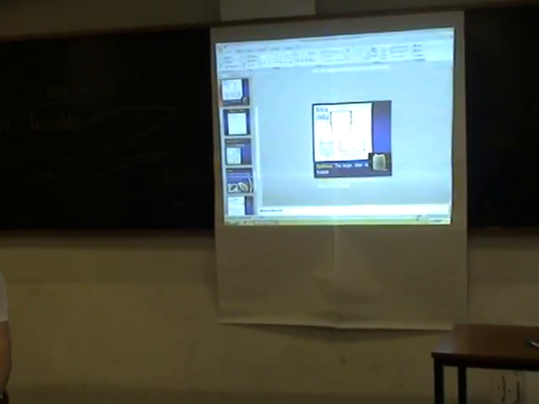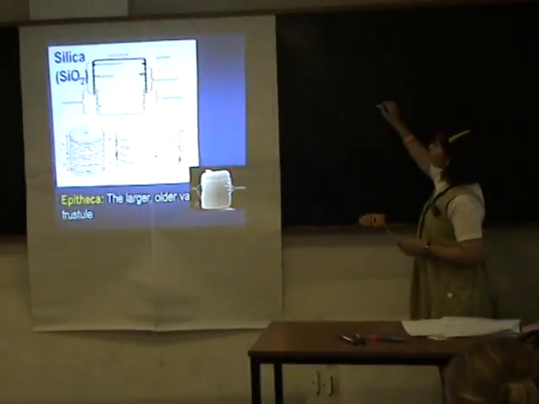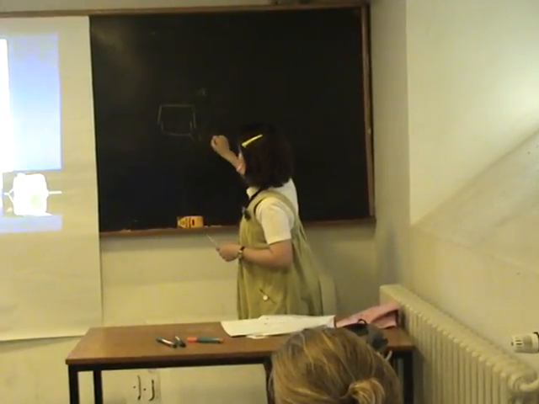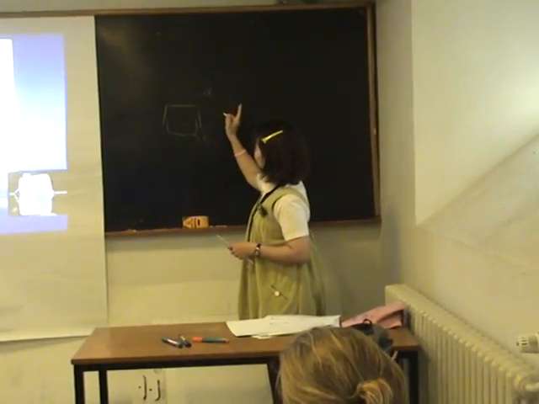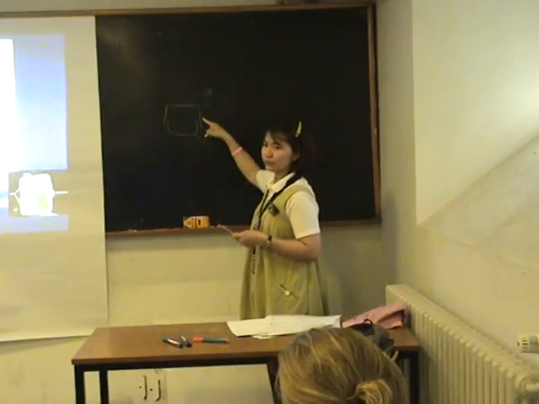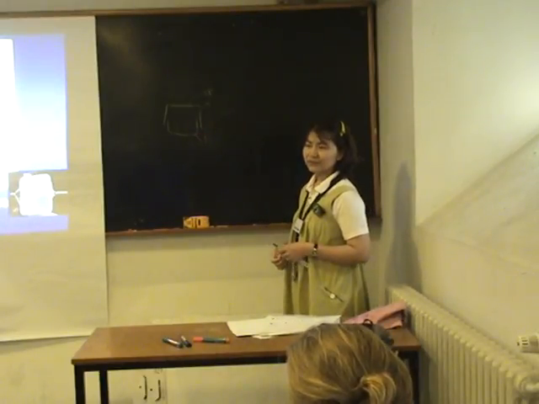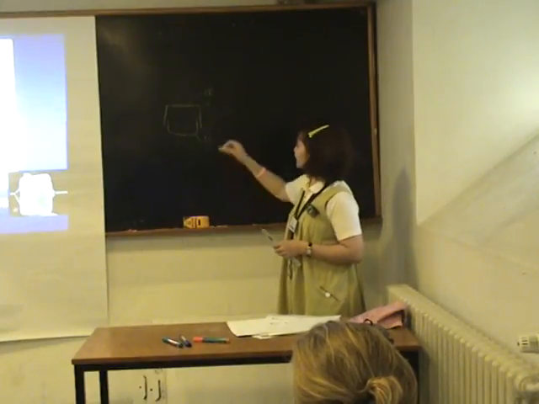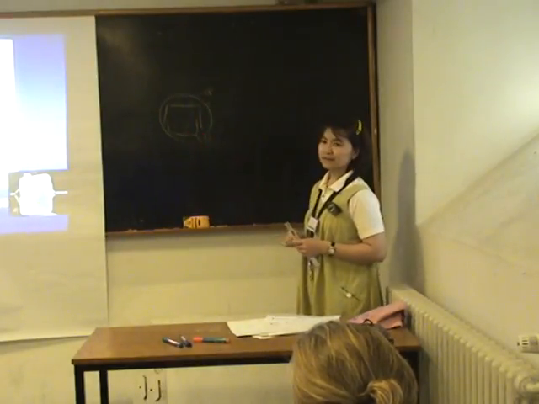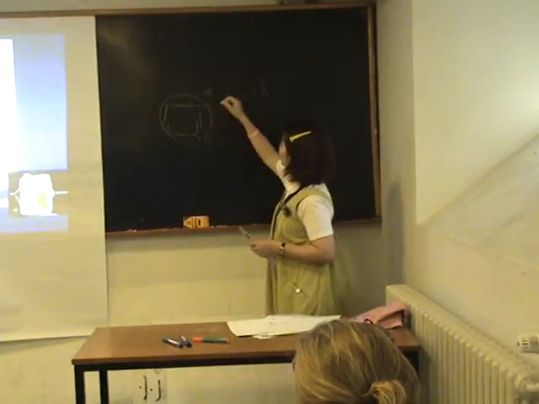We call this one the epivalve, and this is the hypovalve. Sometimes you can say it is the oldest valve, and it is younger. Why is that? Do you have any idea? Why is it old and it is young, but it's the same cell here? It's only a single cell, one cell, but it has two valves.